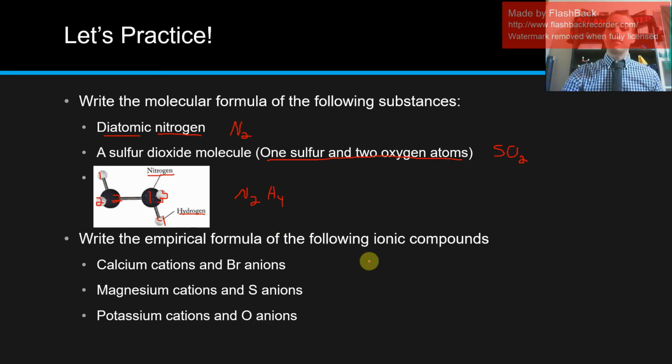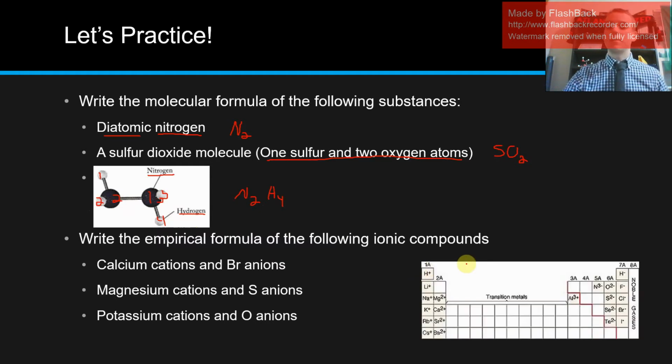So the first one we have is calcium and bromine. How are we going to write this? Well, in order to do that, we refer once again to the periodic table. And we can see that calcium has a charge of 2+, whereas bromine has a charge of -1. Now in order to satisfy these charges, we're going to have to balance it out, because a 2+ charge does not satisfy a -1 charge.